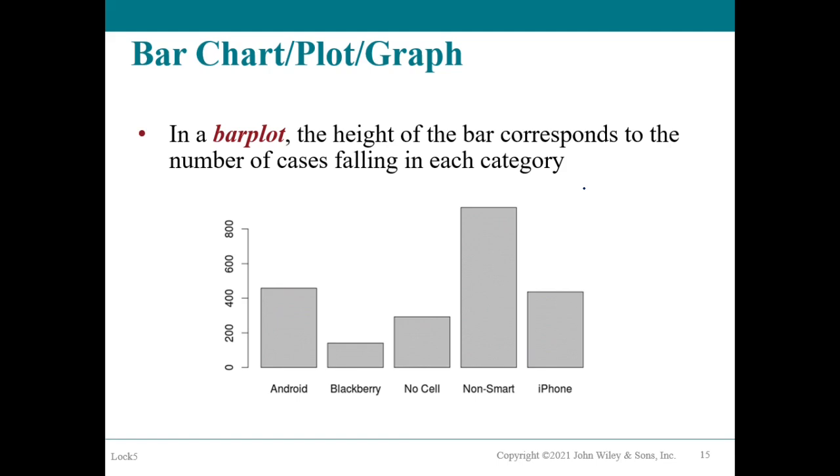First one is the bar chart, or we call it a bar plot or bar graph, it doesn't matter. Using this bar plot, we can show frequencies or relative frequencies. For example, using the same example, each value in the categorical variable, which means Android, BlackBerry, Nocell, non-smart, iPhone, has a separate bar.